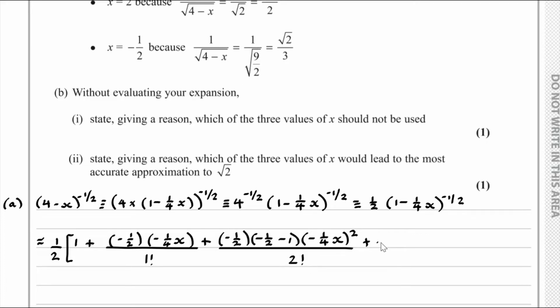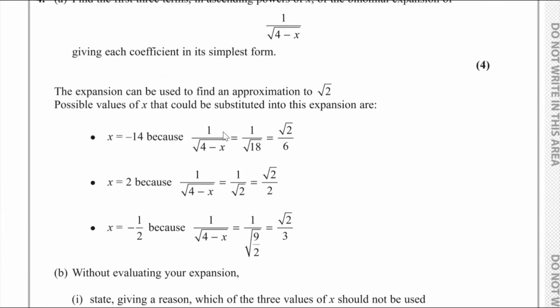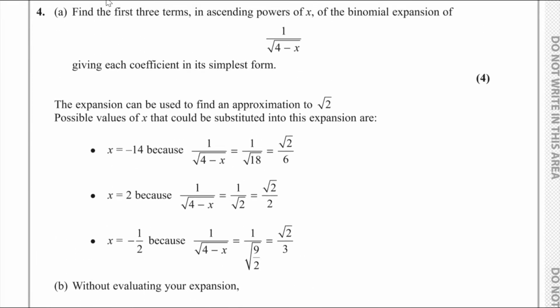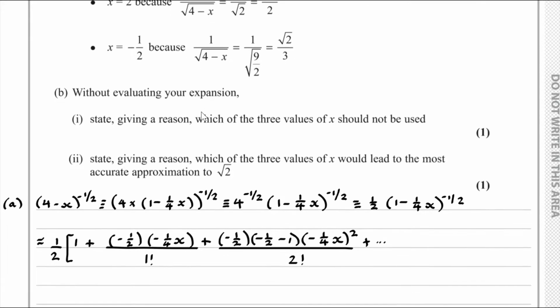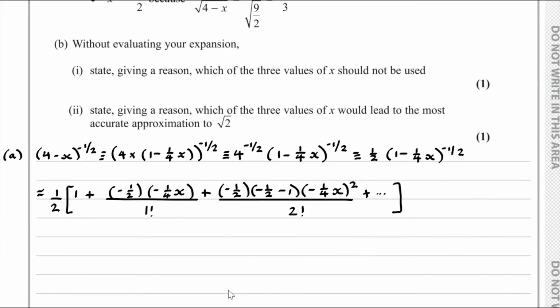We could continue, but in the question we just have to find the first 3 terms. So we've got our first term, our second term, and our third term. And if we tidy all this up a bit, we have 1/2 lots of 1, and then here we have minus 1/2 times minus 1/4 x.